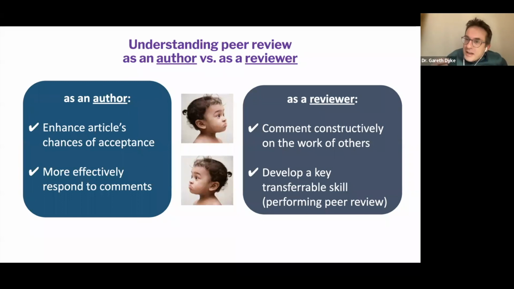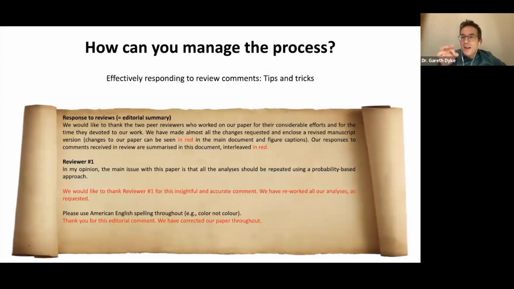But performing peer review, commenting on the work of other researchers constructively is actually a really key transferable skill. So something that you can develop as part of your career progression, your career development, as a researcher. So you've got different perspectives on the peer review process as an author and also as a reviewer.